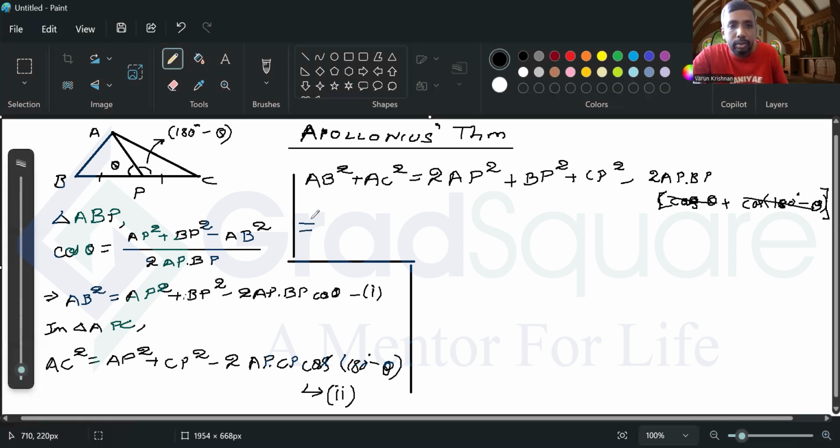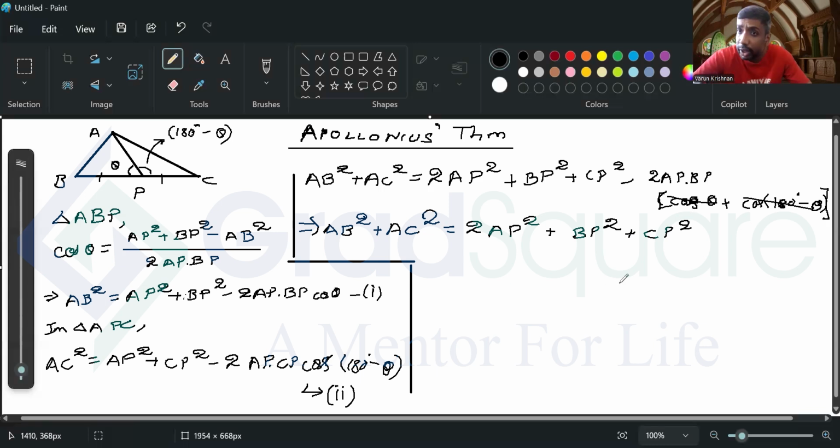Simply put, I'll have the equation as AB square plus AC square is equal to 2 into AP square plus BP square plus CP square. Now, once again, BP and CP are equal, which means that BP square plus CP square can be written as 2 into BP square.